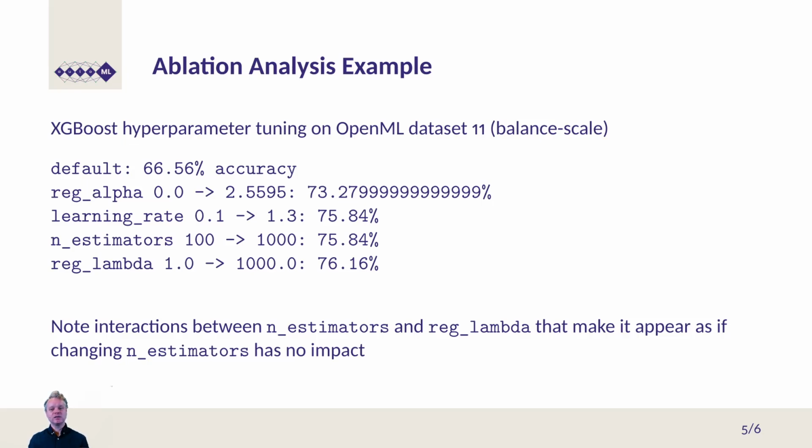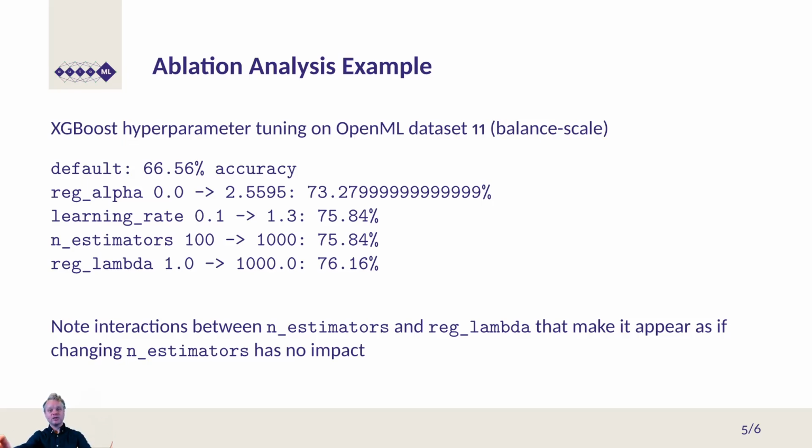And what you're seeing here with the learning rate and the n_estimators is what I've already mentioned, that we do not explicitly take the interactions of hyperparameters into account, and this is what's happening here. There's an interaction between these hyperparameters that makes it look like changing the number of estimators has no effect at all, but the later improvement in accuracy that we're seeing when we change reg_lambda does rely on this earlier change.